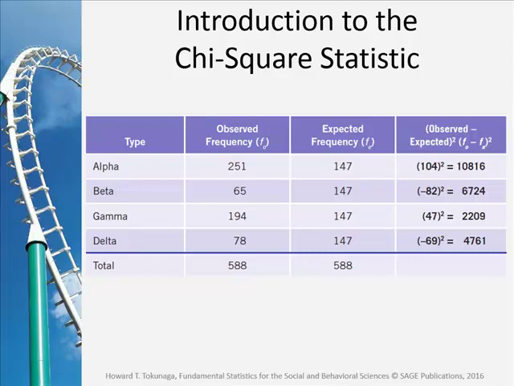Instead of doing that, what number do you think we should control our difference by in order to standardize it? What number up there that we already have? Close. Yes, the expected frequency. In this example, that's correct.